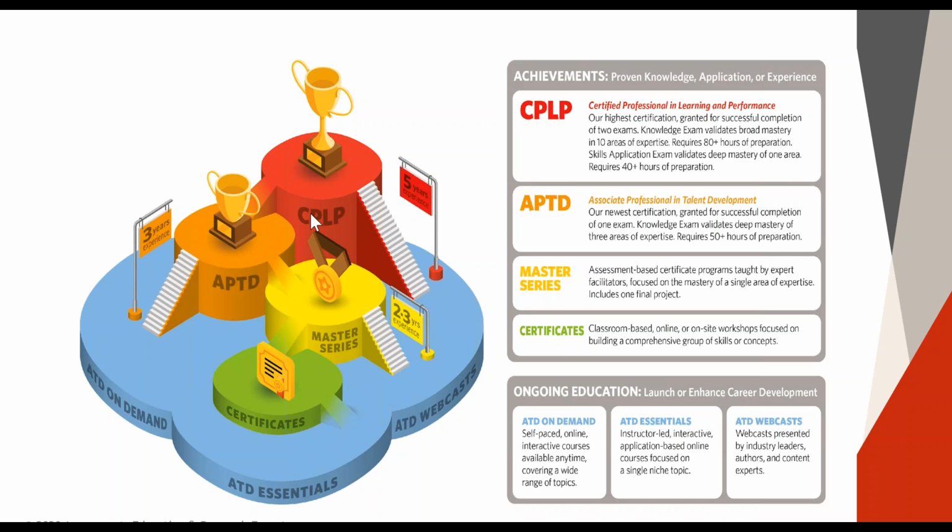So, this is the highest. If you look at the stack, it stacks from down here, which is all the ongoing education, all the way up to the highest stack, which is your most advanced expert level professional. And then there's the middle one, and then there are beginner ones here. And so that's how their credentials stack. They have really 2 essential credentials, and then they have certificates over here and here as well.